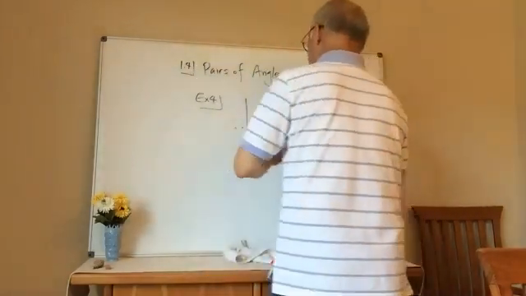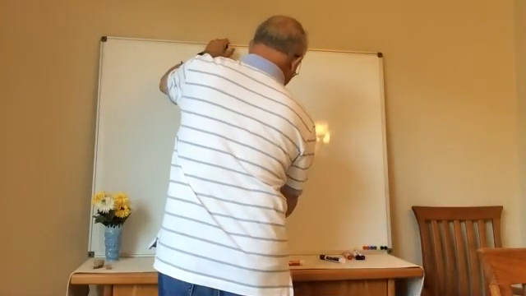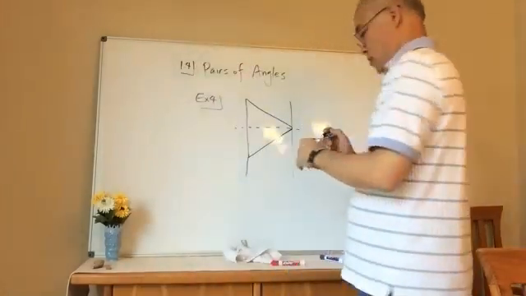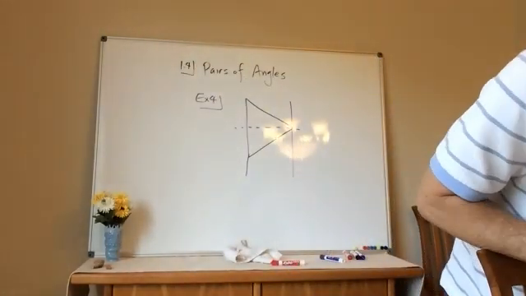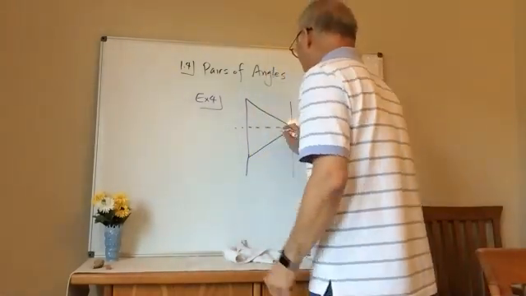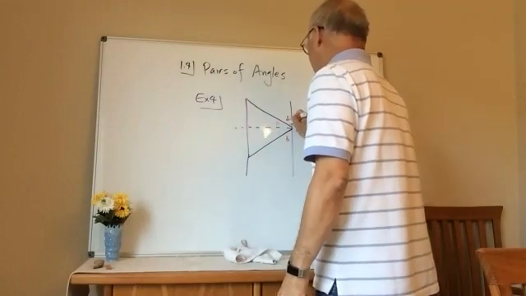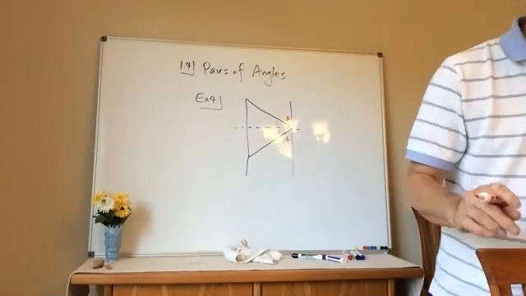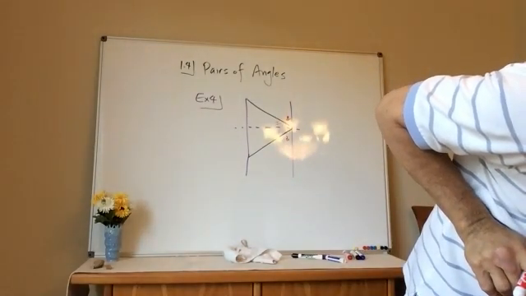So the light is going to come in this way and get reflected over on this way. And we have angles that are 1, 2, 3, 4. I am given that angle 1 and 2 are equal to each other.